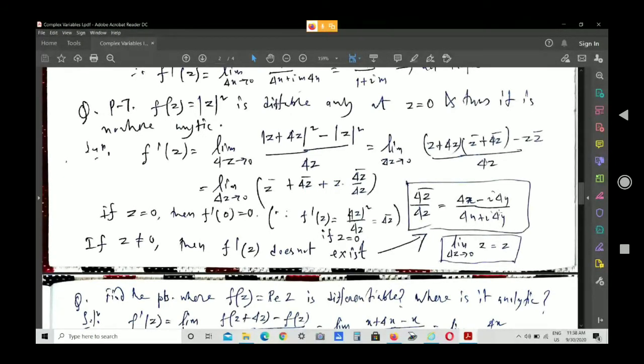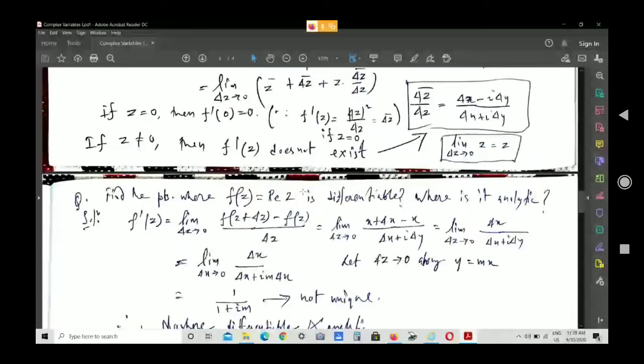Three common directions we use, which are easier to use: one is along the x-axis, another is along the y-axis, and if these two do not work, then you go for y equal to mx. If none of them work, then we go further towards some curves, but in most cases they will work. So here, once you approach 0 along the x-axis and again along the y-axis, you are getting 1 and minus 1 as the limit. This is not defined.